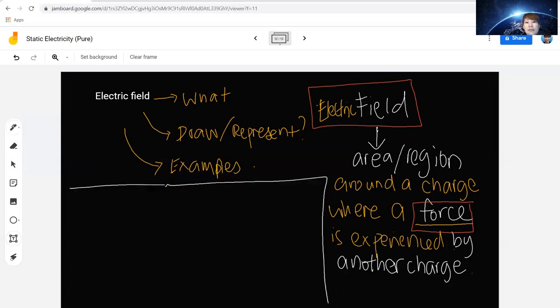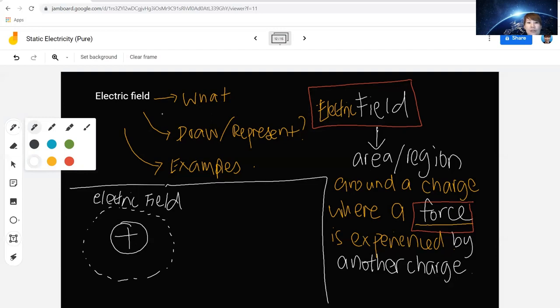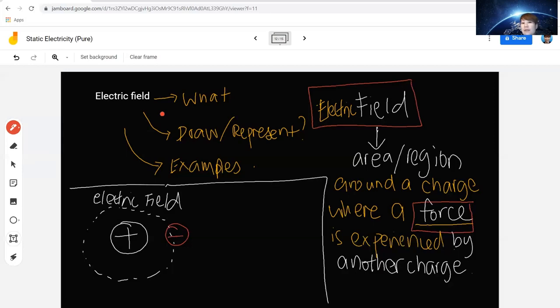We know that if I have a positive charge over here, there will be an invisible area or region around it. We call it electric field. It is not visible to the eye, but how do we know that there is a certain amount of electric field around it? All we need to do is to bring another charge near it and we observe. For example, if I were to bring a negative charge near it, the negative charge will be attracted.